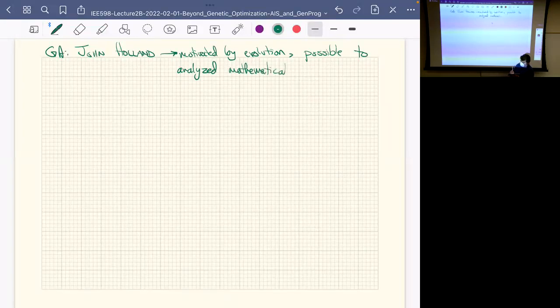And so the first GA from Holland was more limited in its choices for operators than you might imagine it could be.